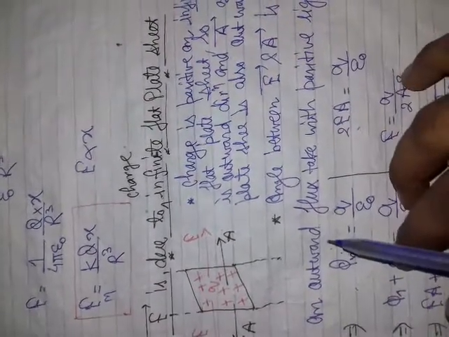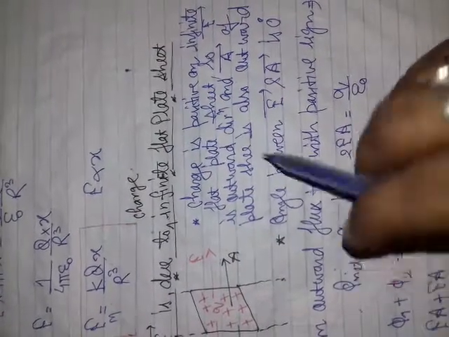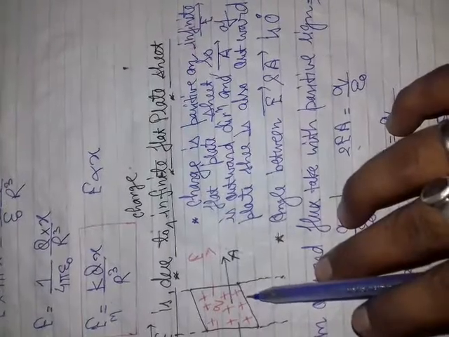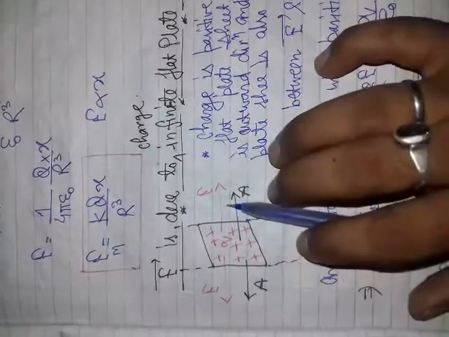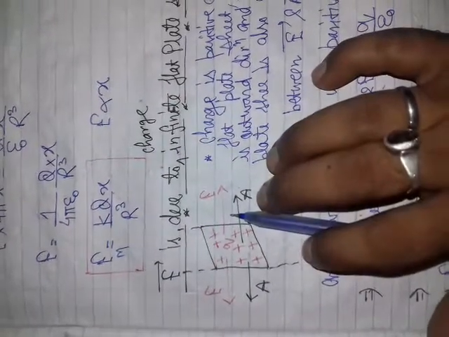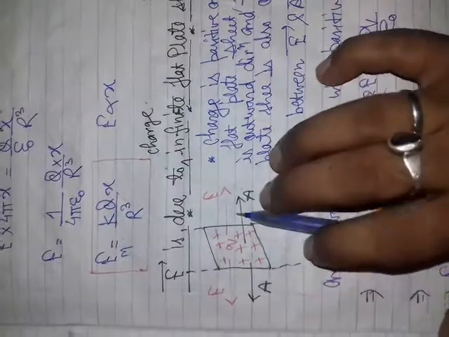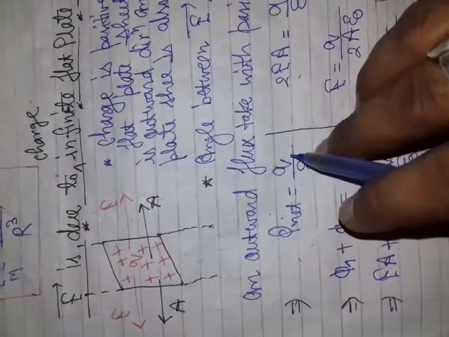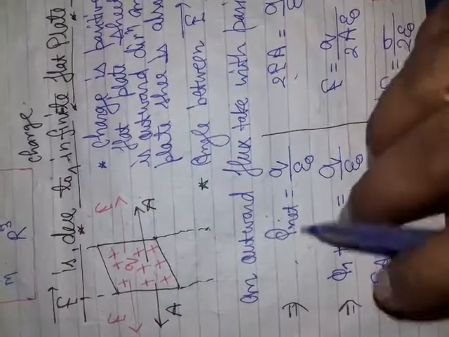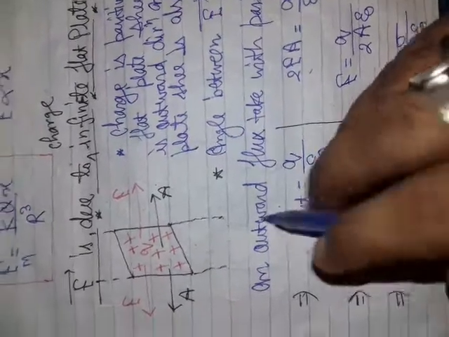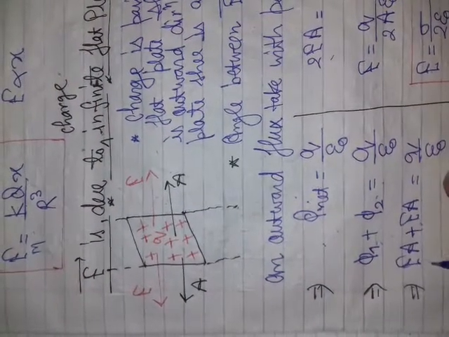The outward flux is taken with a positive sign, and the inward flux with a negative sign. Here both fluxes are outward, so they add. By applying Gauss's theorem, q net is equal to small q upon epsilon naught, and the flux is q1 plus q2, putting the value EA plus EA.